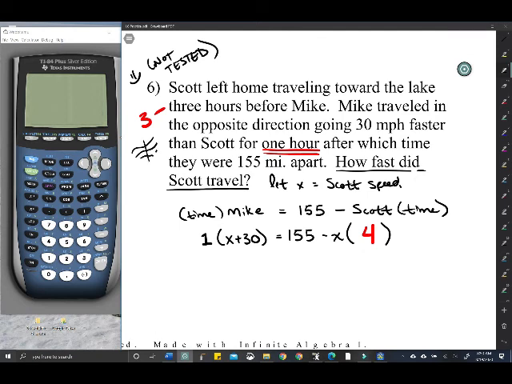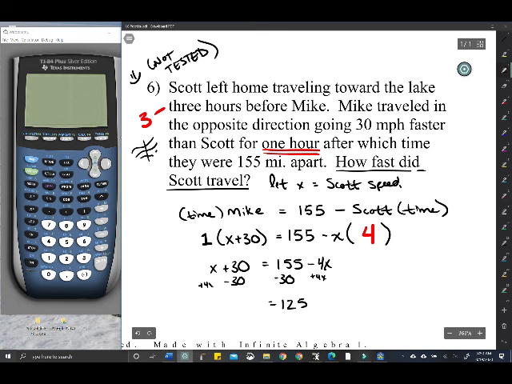So on the left here, we just have the speed and distributing, so that's x plus 30 is equal to 155 minus 4x. What ends up happening is we'll subtract 30, so we get 125 is equal to, if we add 4x over, 5x, and when we divide by 5, we get the speed of 25 miles per hour.